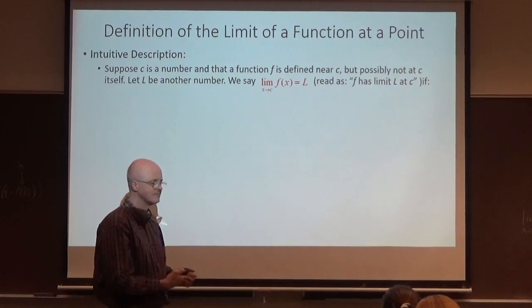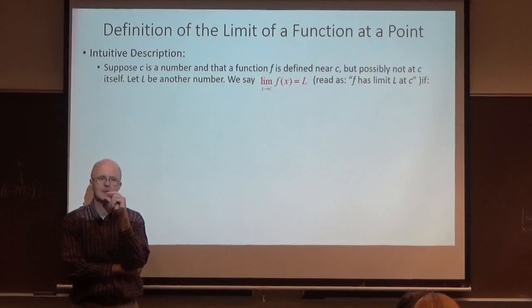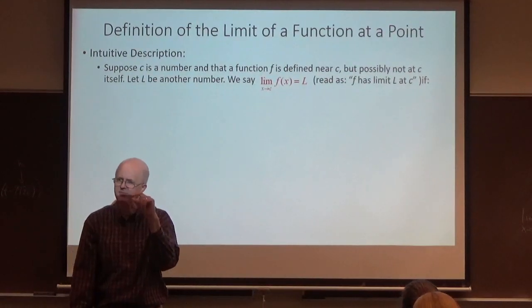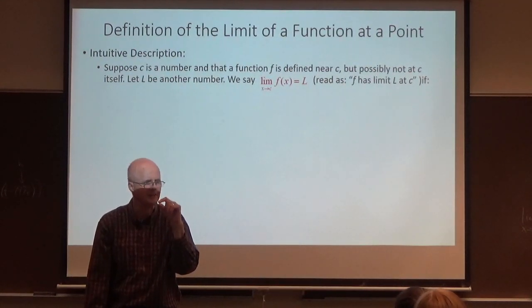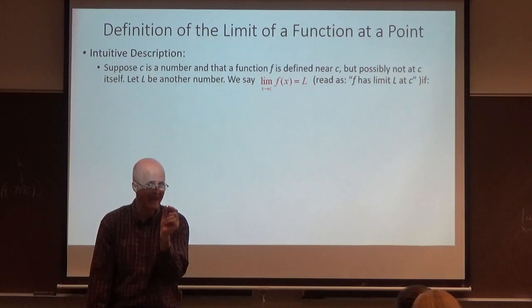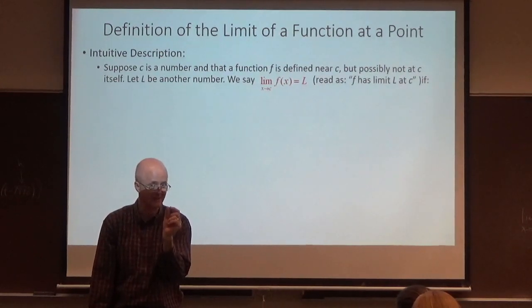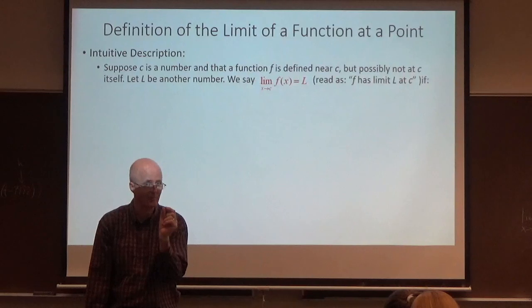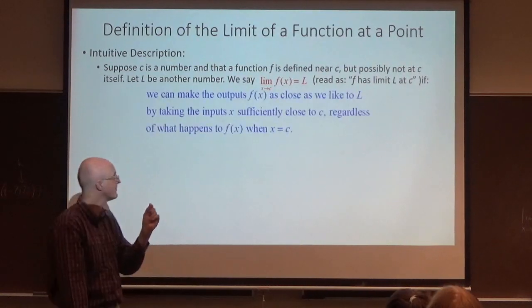if you can make the outputs of the function as close as you like to L by making x as close as necessary to C without actually equaling C. Here's the way I wrote it.